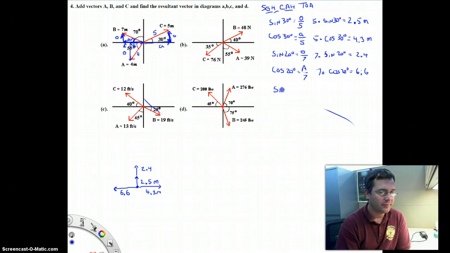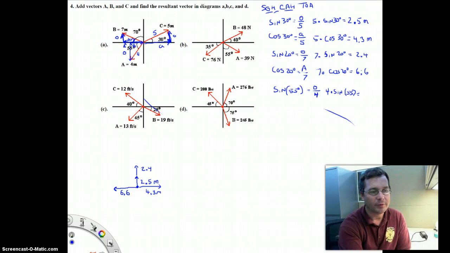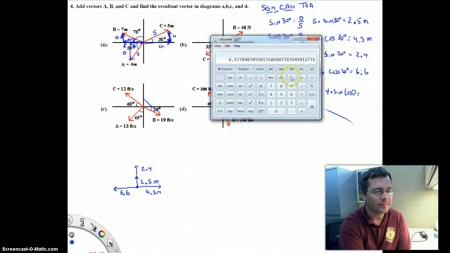Well, sine of 55 degrees equals opposite over hypotenuse. The hypotenuse length is given as 4 in the problem, so multiply both sides by 4. 4 times the sine of 55 degrees gives you the length of the vertical component of this vector.